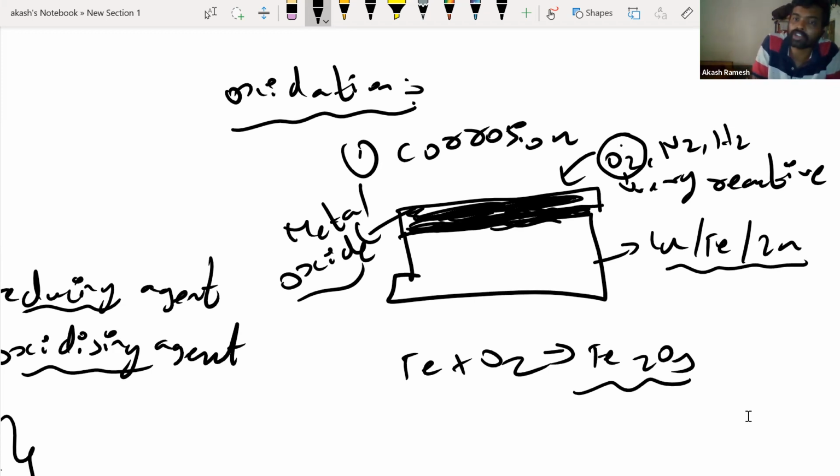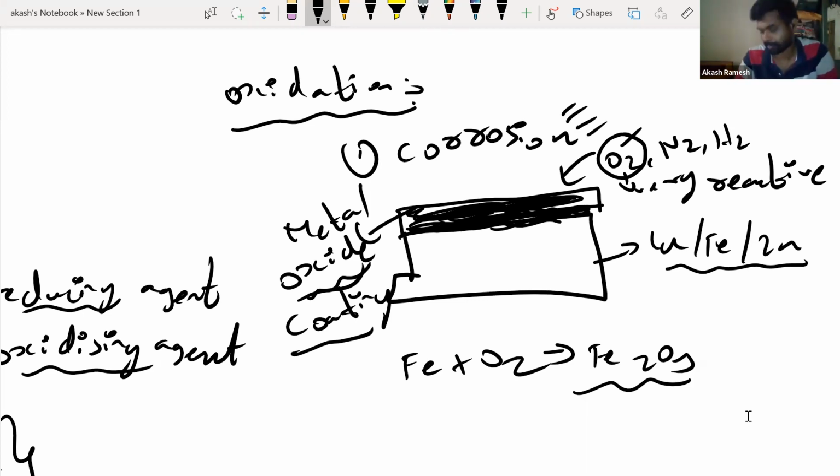So the oxygen in the atmosphere and the metal surface will undergo some kind of reaction. When they react, what you form is a metal oxide coating on the surface of the metal. So this entire process is what is called corrosion.